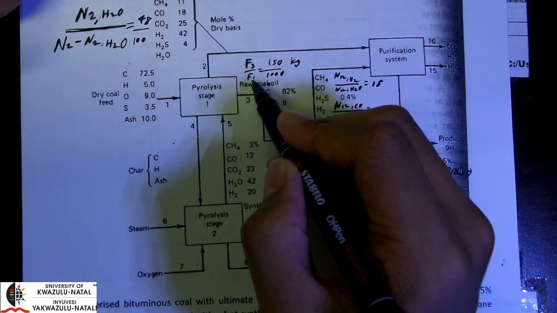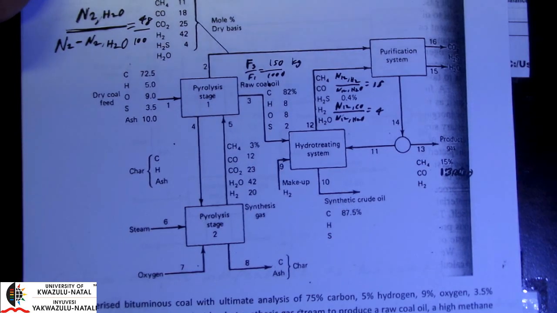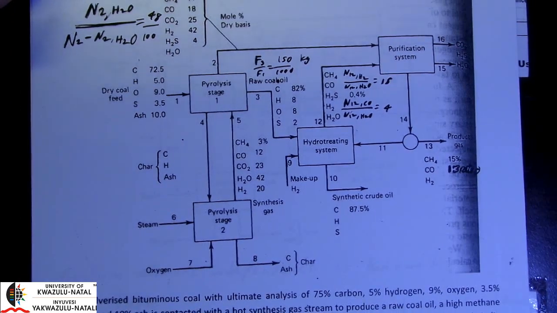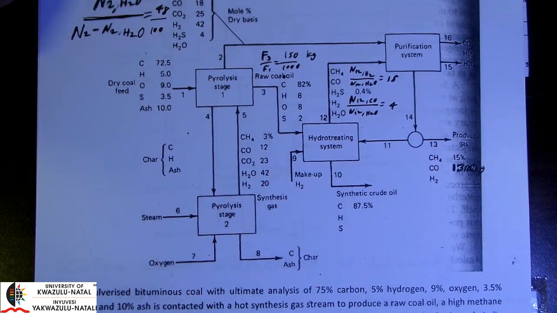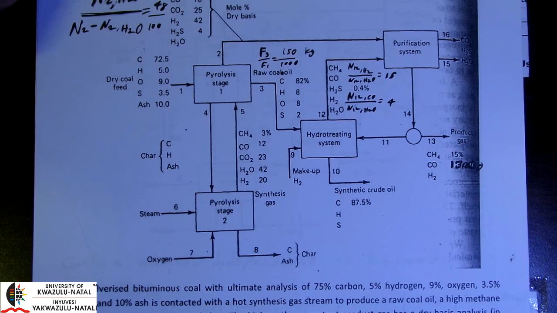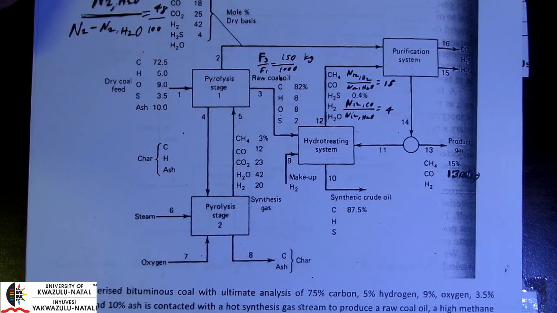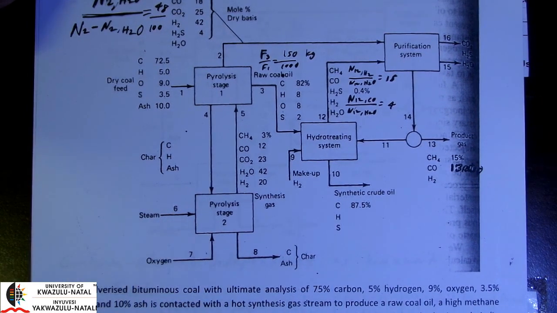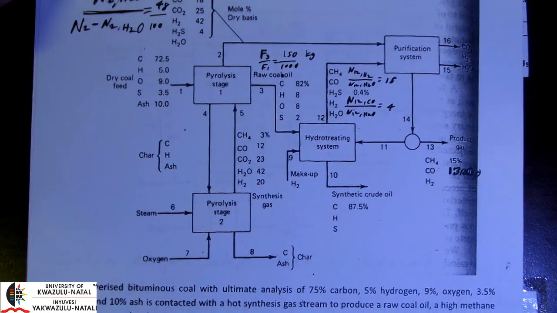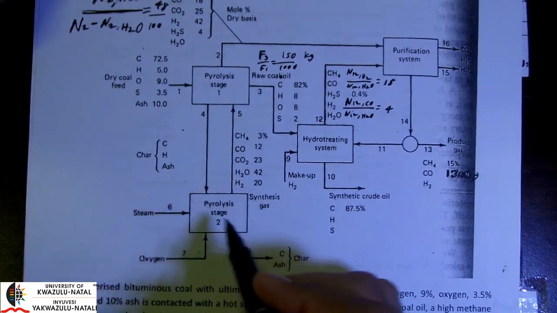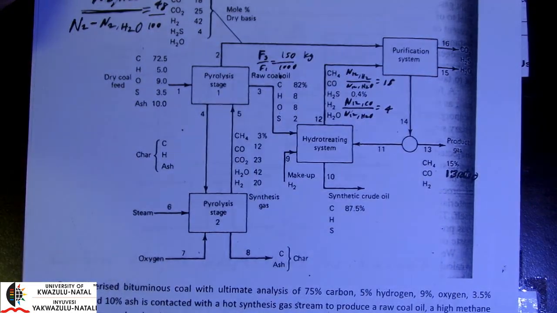Okay, so F3 over F1 is 150 divided by 1000, and the char from the first pyrolysis stage is transferred to a second stage, that's that over here, in which it is gasified with steam. Okay, so we have a steam input and oxygen to produce the hot synthesis gas for the first stage. Okay, so our pyrolysis stage 2 is simply to produce synthesis gas to feed into pyrolysis stage 1.